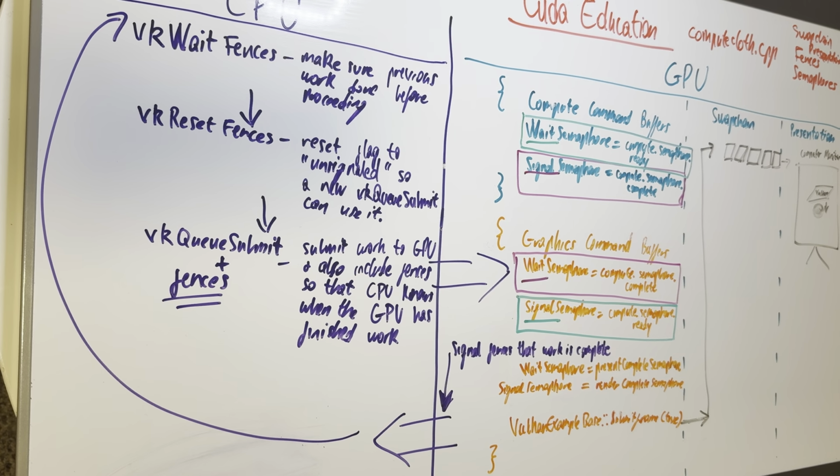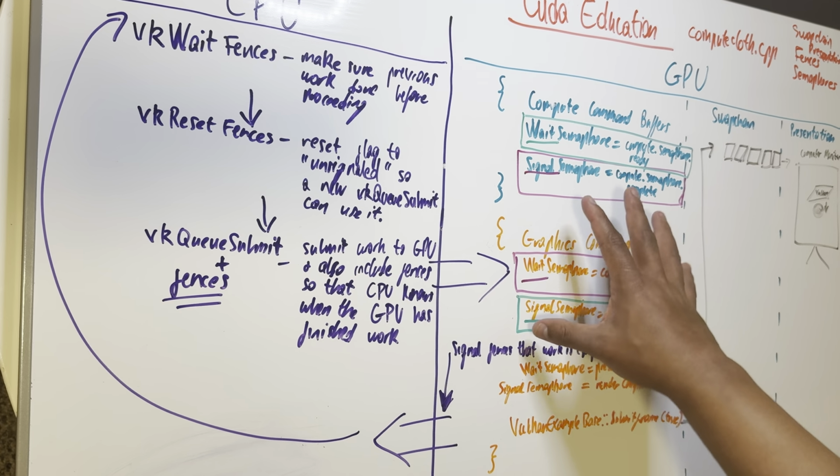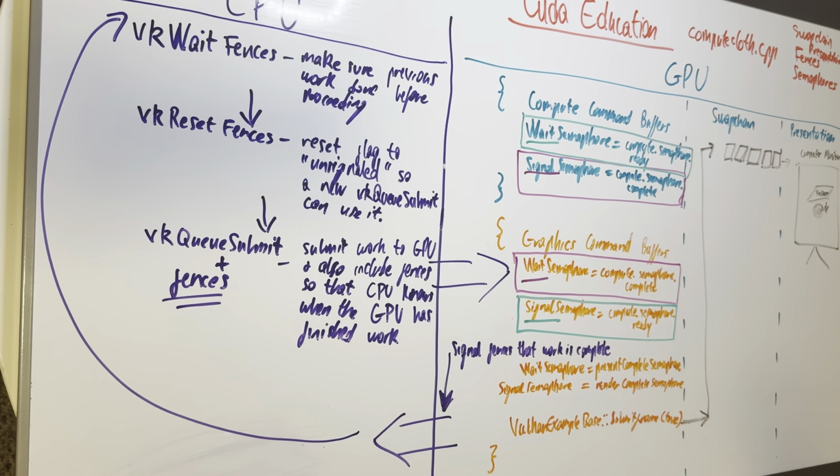But the graphic side has to do more work. After we build the frame and draw on the frame and everything, we actually have to present it to the screen. We have another set of semaphores that does that, right? That's these guys right here.